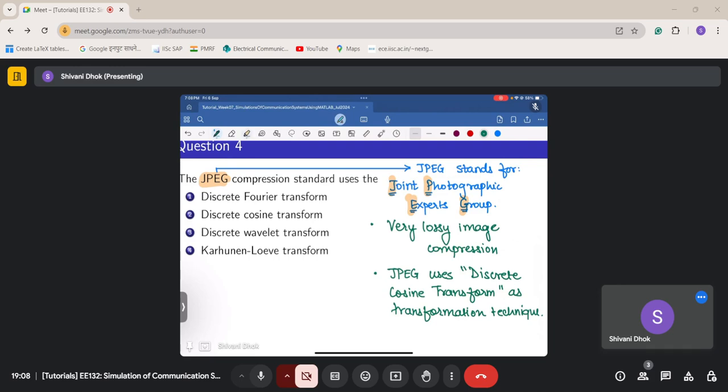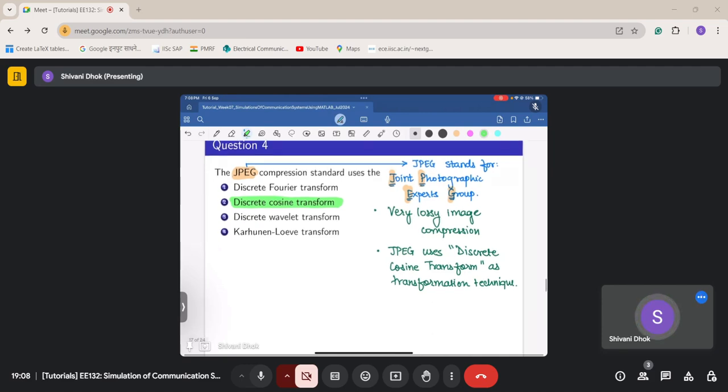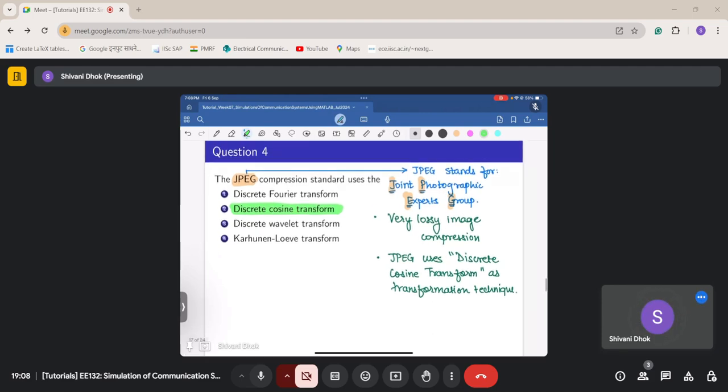So the correct option here is discrete cosine transform. This was there in last year's assignment, but was not covered in videos. So still I took it in case something similar comes up. So just a piece of information.